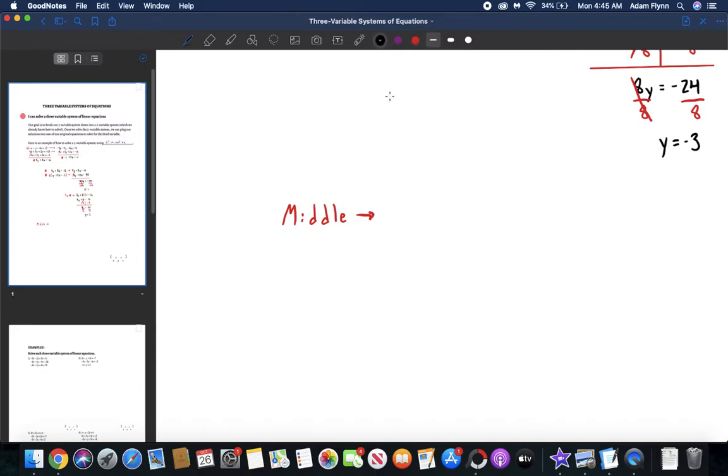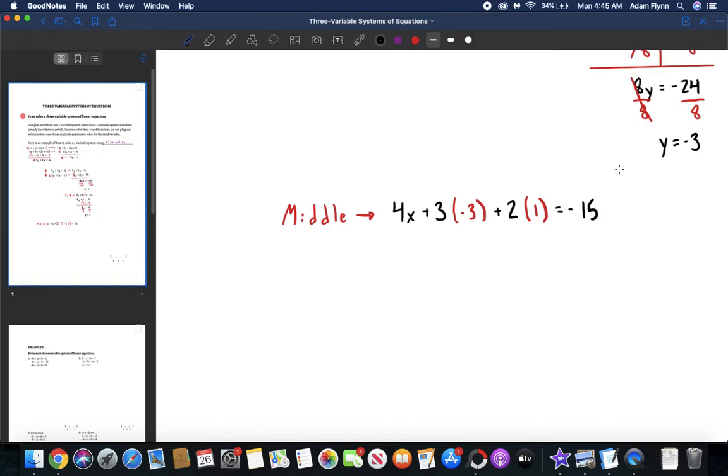If I write my middle equation, I've got 4x plus 3, but instead of y, I'm plugging in a negative 3. Plus 2, instead of z, I'm plugging in a 1. Equals negative 15.